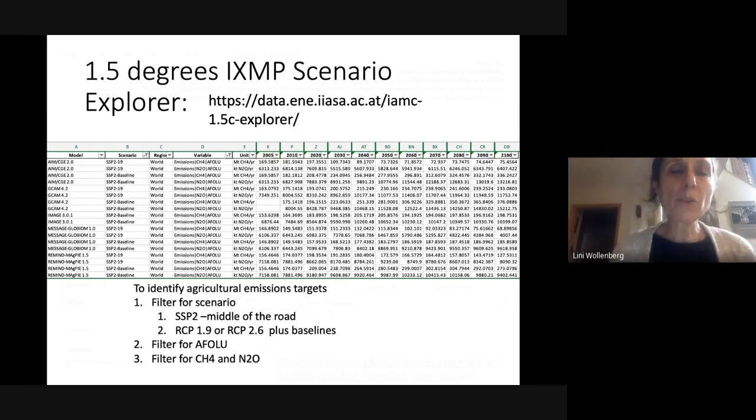So the other key tool to know about is a wonderful database that IIASA, the International Institute for Applied Systems Analysis, that may be correct, I'm not sure, you have to look it up, has, and you can see it here in the web address. They have a wonderful database of a number of integrated assessment model scenario data.